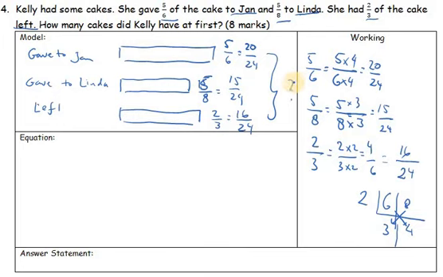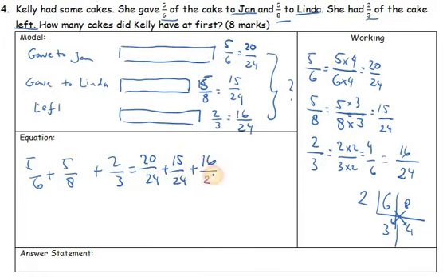Actually, we can do this in one step. We have 5 out of 6 plus 5 out of 8 plus 2 out of 3. We add everything together: 20 out of 24 plus 15 out of 24 plus 16 out of 24.